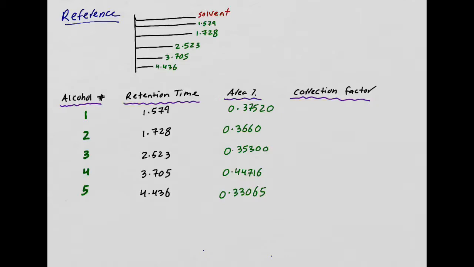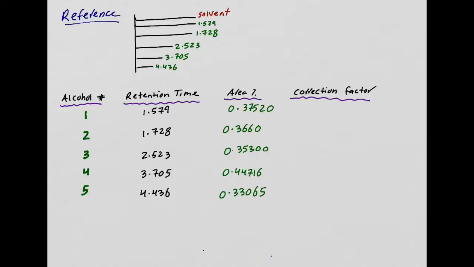You would, right? Because since we made the sample, we make sure that we have equal volume of each alcohol, so they have the same percent composition. So you would expect to get the same area percent, but that's not what we see.